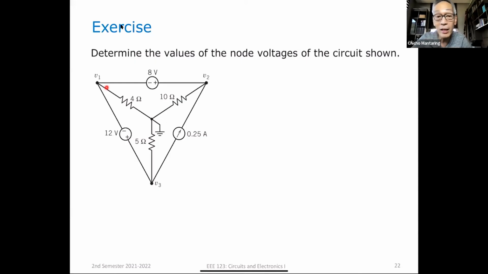These are your unknowns, V1, V2, and V3. Your reference is here in the middle. Okay. So nodal analysis, that means you apply KCL to the nodes whose node voltage you cannot determine by inspection. My question is this: can you apply KCL at any of the nodes?